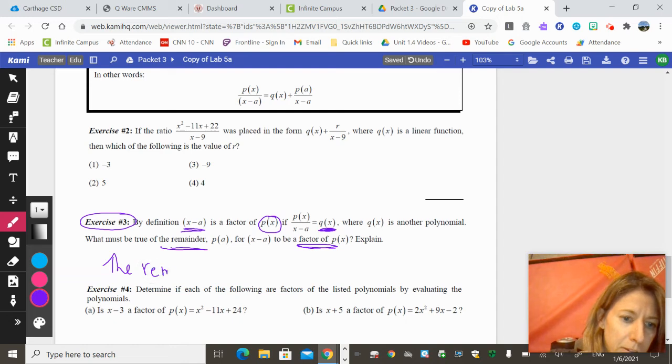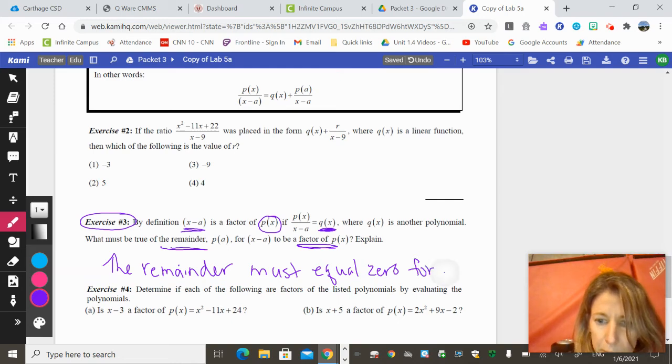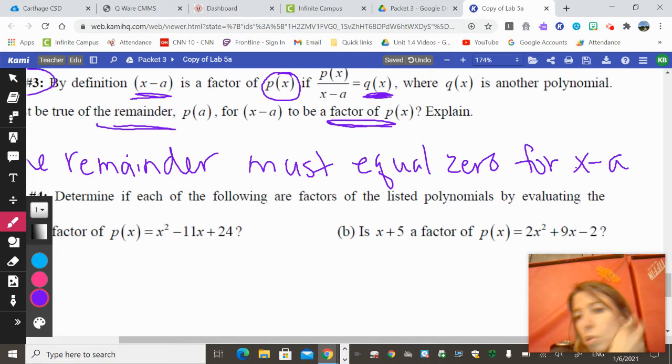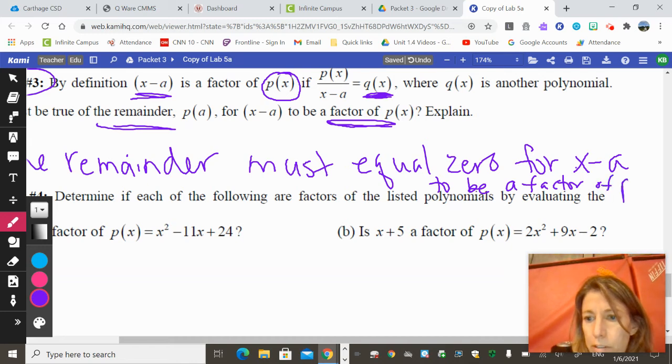The remainder must equal 0 for x minus a to be a factor of p of x.